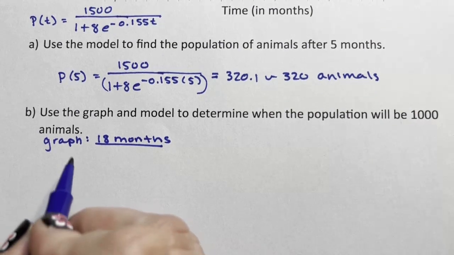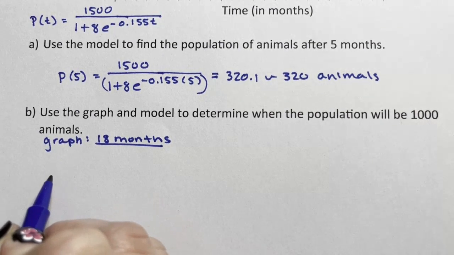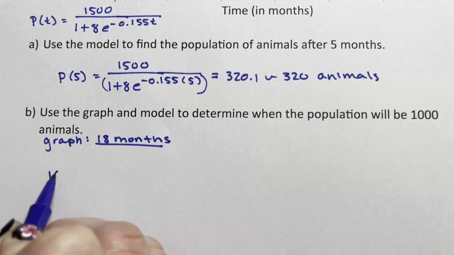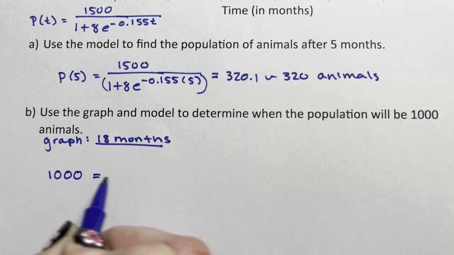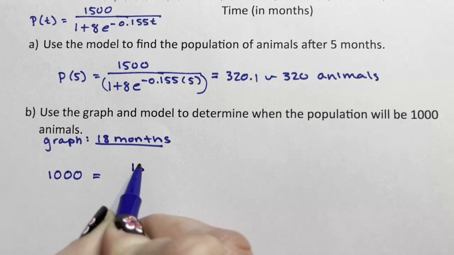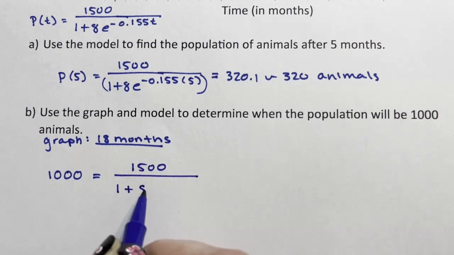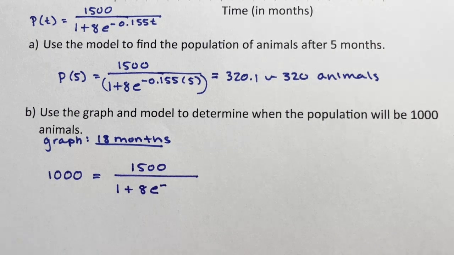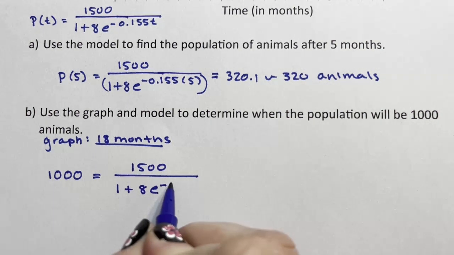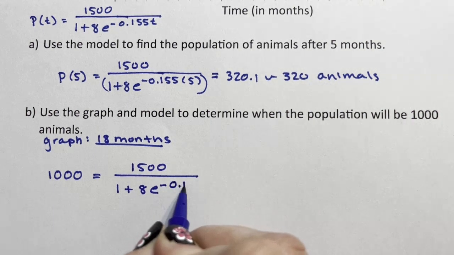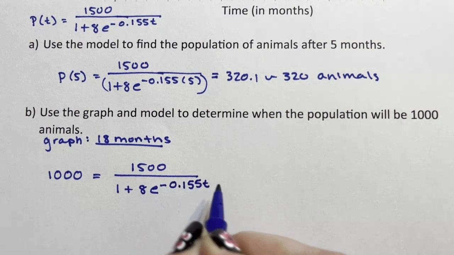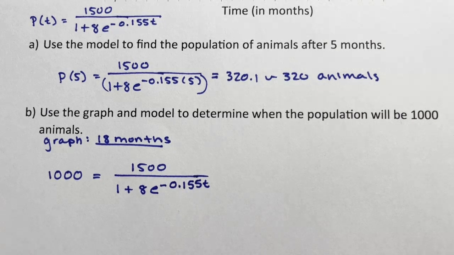So what I want to do is say 1,000 equals 1,500 divided by 1 plus 8e to the negative 0.155t. Now the very first thing I need to do is clear my fraction.